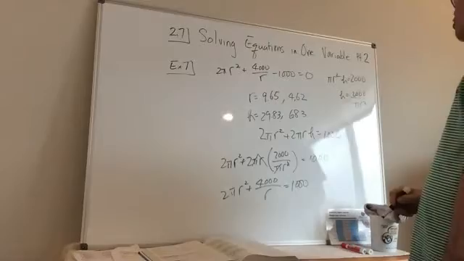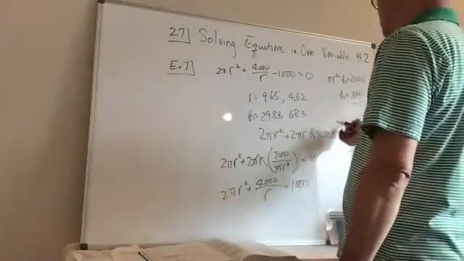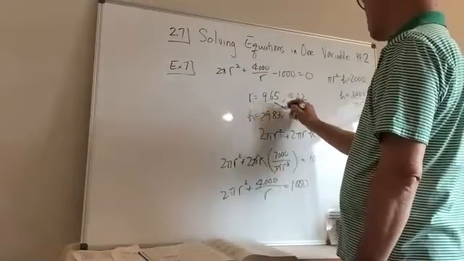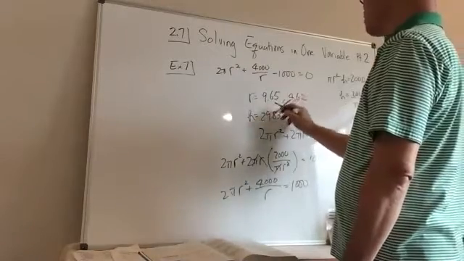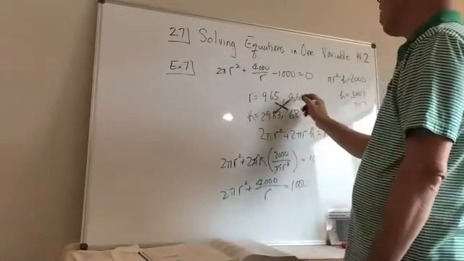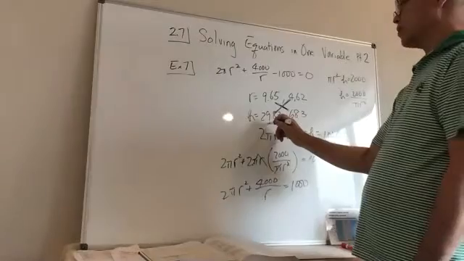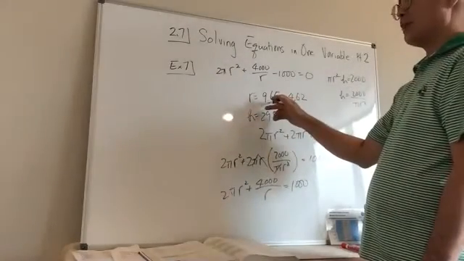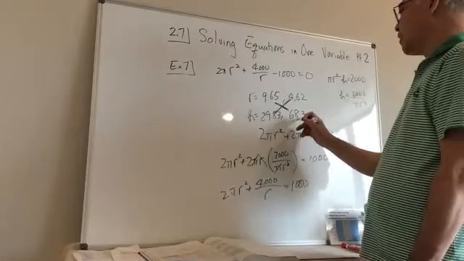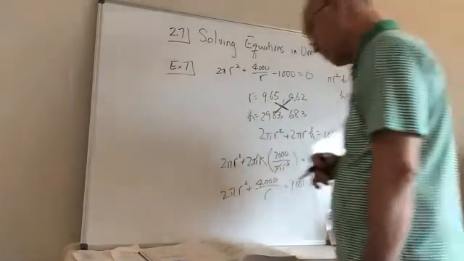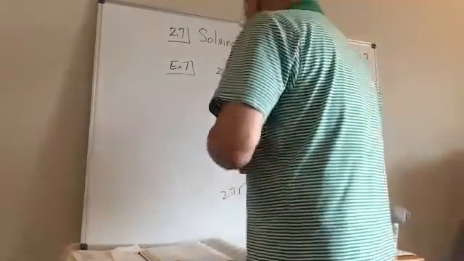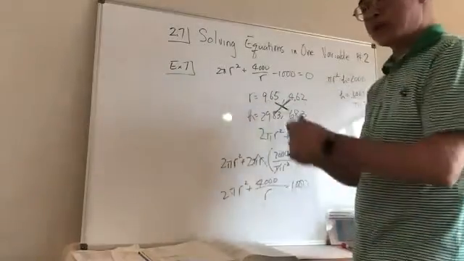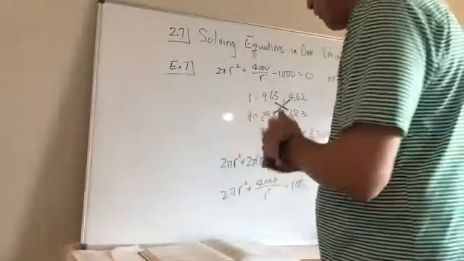The larger the r, the smaller the h. So these 2 are 1 pair, and these 2 are 1 pair. When r is equal to 4.62, h is equal to 29.83. When r is equal to 9.65, h is equal to 6.83. Okay. Again, you're going to find this through the graphs, so you're just going to use your calculator and find it through the graphs.